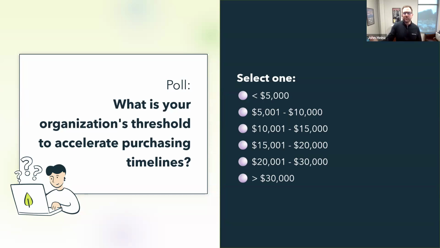And many of you, I'm sure, might not know the limits because we didn't put that as an option. But again, something worth asking in your organization. What's your process? What's the purchasing threshold so you can get things done quickly? Okay, very helpful, and I very much appreciate the feedback.